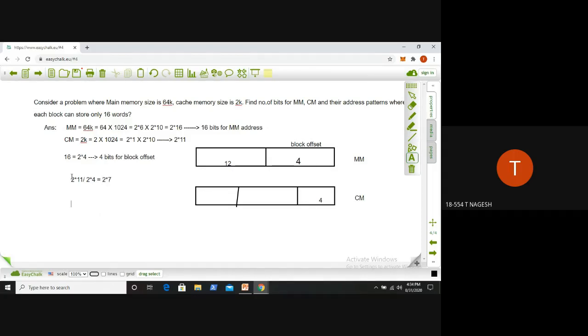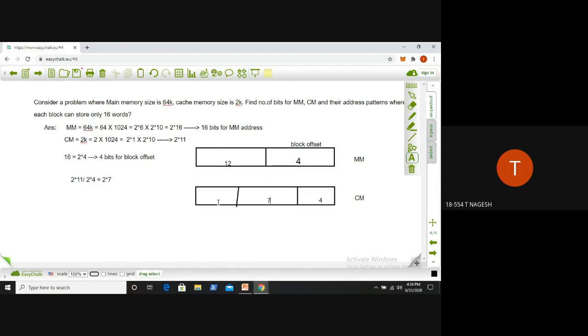These are the number of cache lines. So we need 7 bits to represent the cache lines.